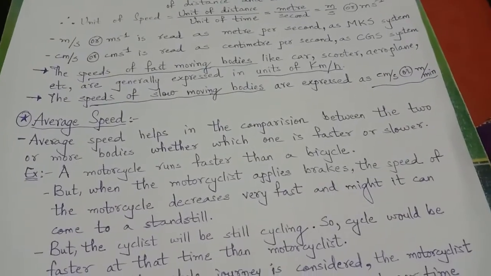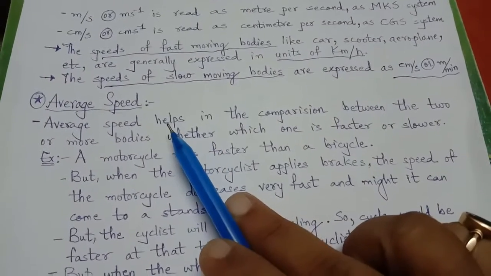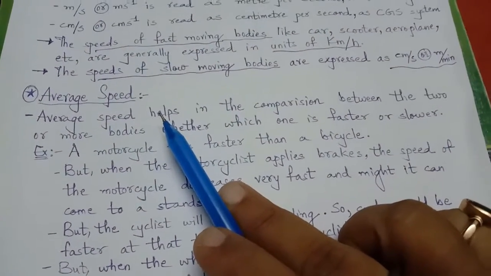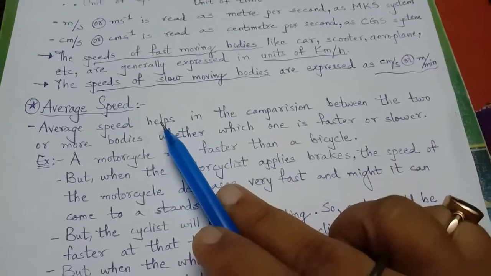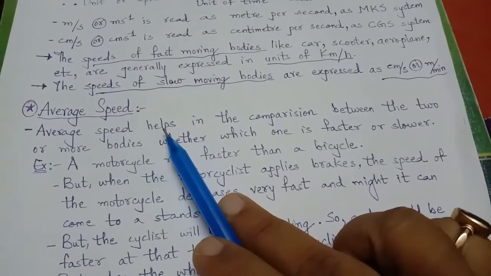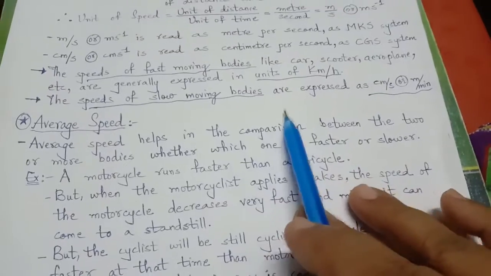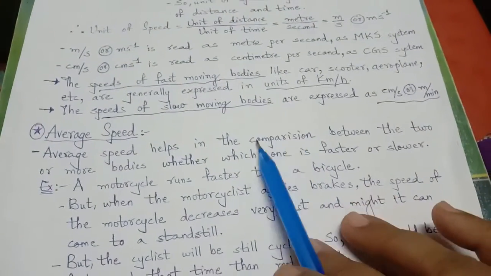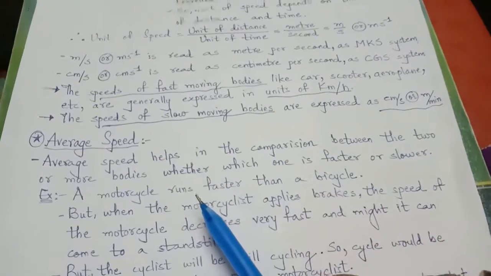So what is average speed? Average, as per mathematics, is a mathematical term which gives the ratio of the total sum of the given observations divided by the number of observations. That is your average.